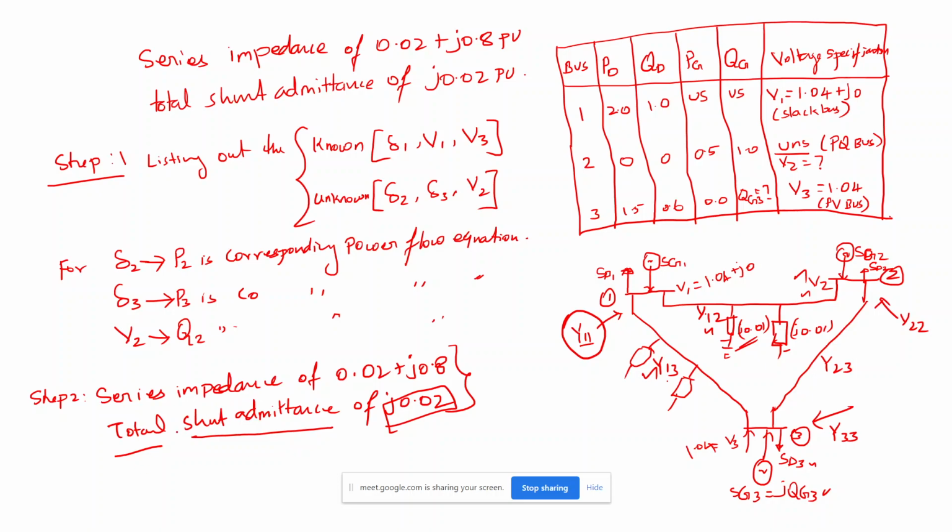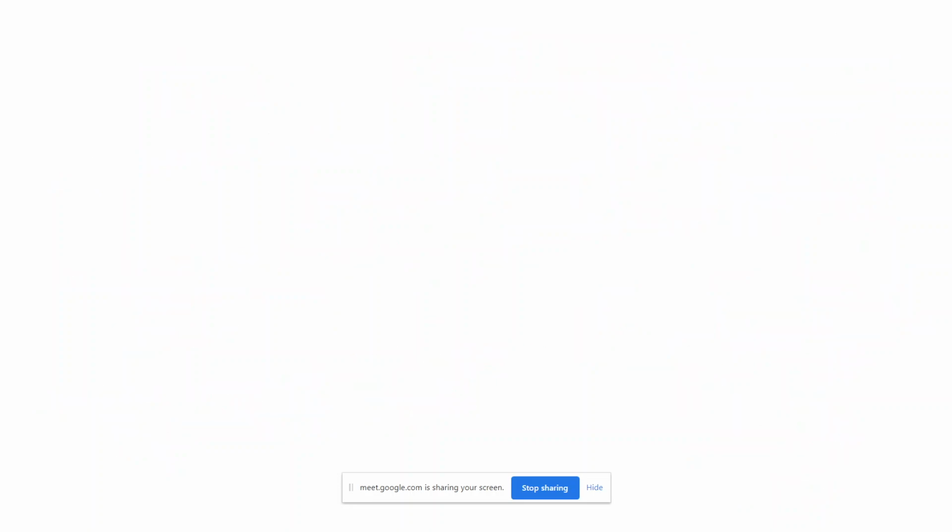In the question, if they have given shunt admittance, we need to add not only the series, because series we already know from solving many problems. If they give shunt, don't get confused, see whether it is total or already divided by 2. If it is total, you can do the divide by 2 yourself, and then for Y11 you need to add the series and shunt admittances, and similarly for Y33 and Y22.